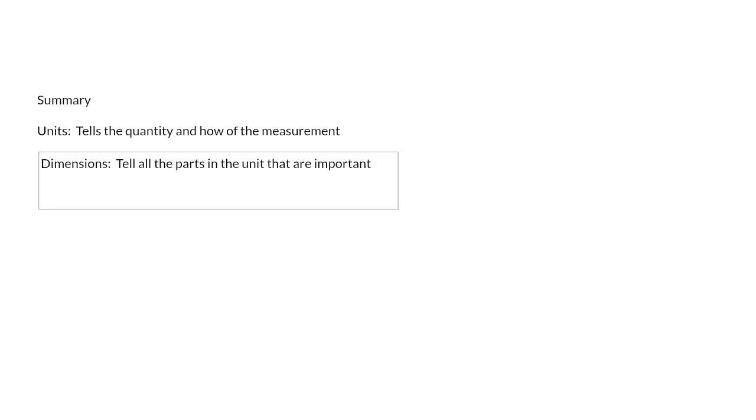So in summary, units tell us how it's measured. Dimensions tell us all the different parts that are important. Units and dimensions tend to be used interchangeably, but I prefer to use the word units.